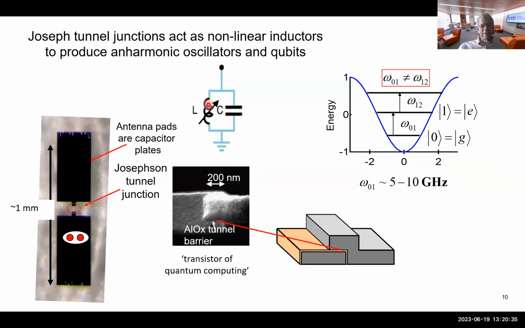And the reason is that this is very, very close to a harmonic oscillator, but the Josephson junction acts as an inductor that's slightly nonlinear. Its inductance depends slightly on the current flowing through it. And that is what is going to give us the anharmonic energy spectrum that we need.